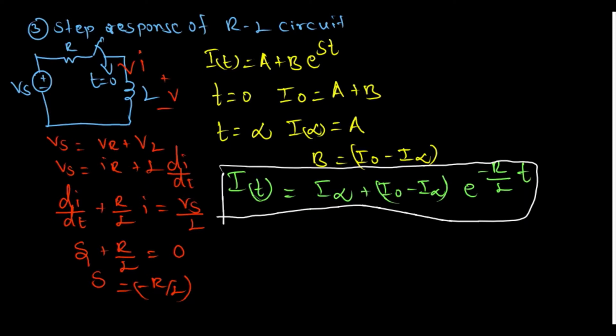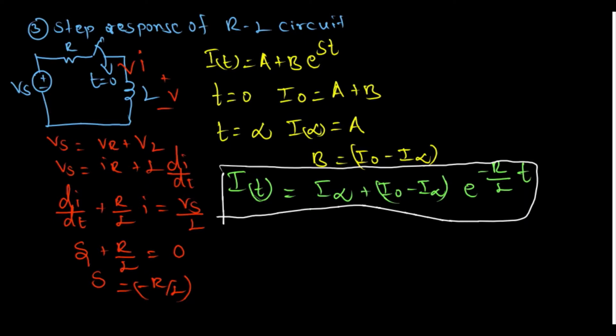It belongs to the category of step response because when t is greater than 0, the voltage source and the inductor have a connection. So this is the step response of the RL circuit.